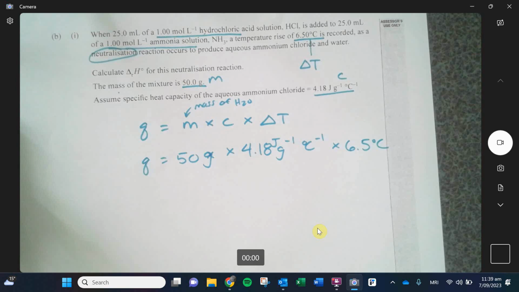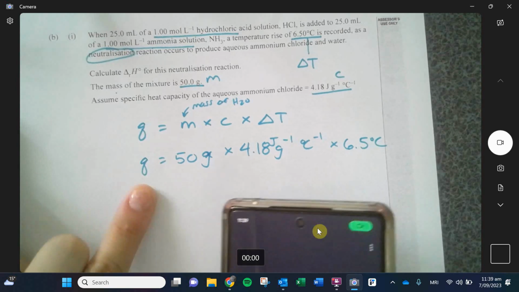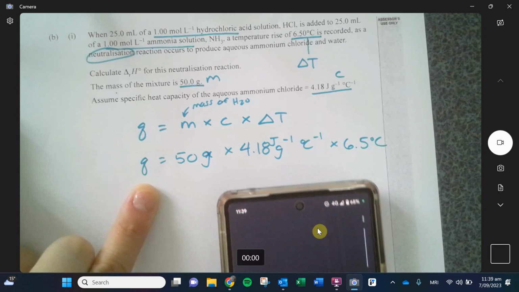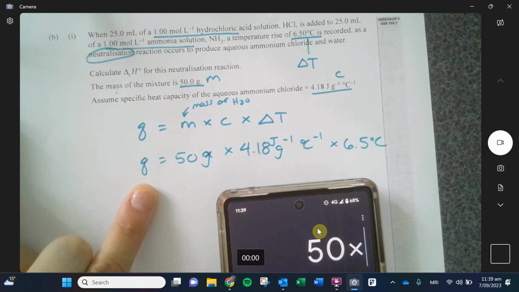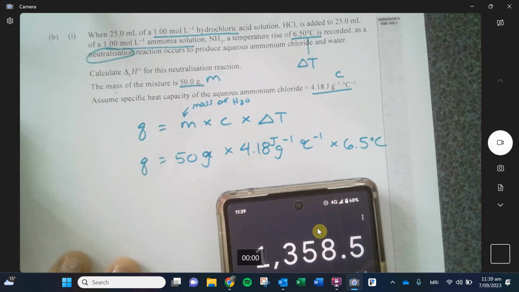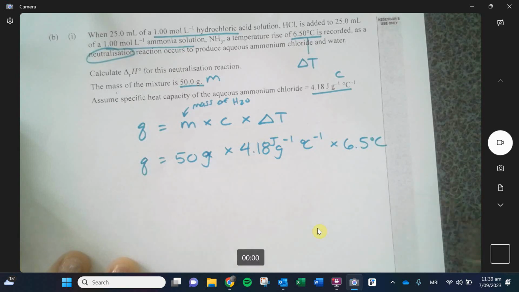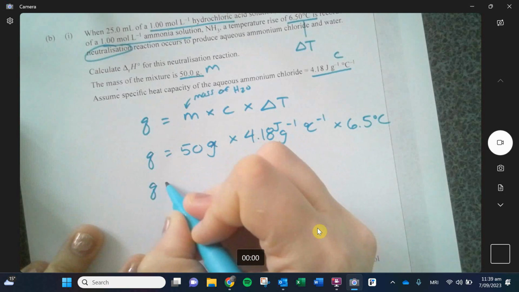I'm going to grab my calculator so we can see our math. All right, 50 times 4.18 times 6.5, and I get that this has released 1,358.5 joules of energy.